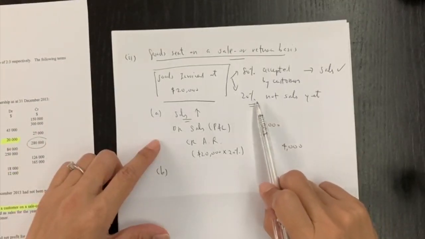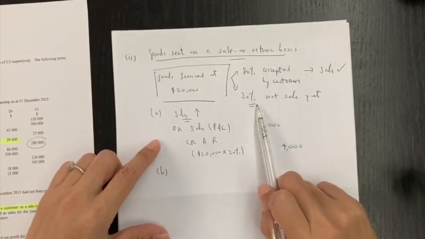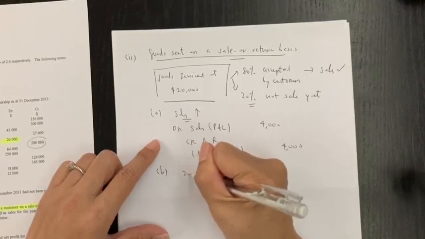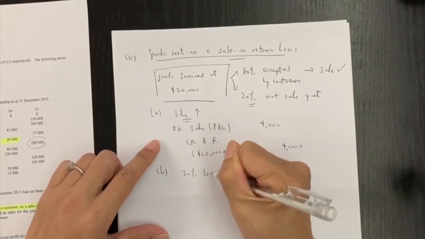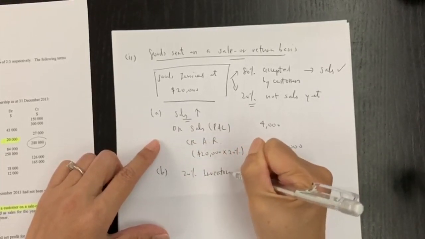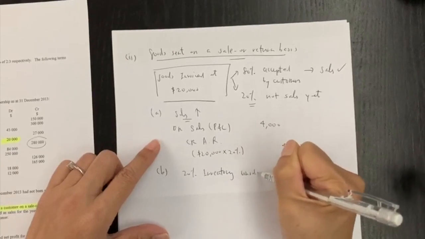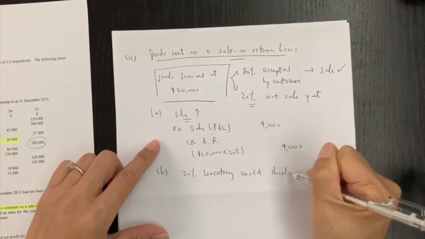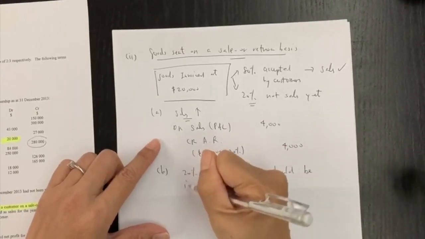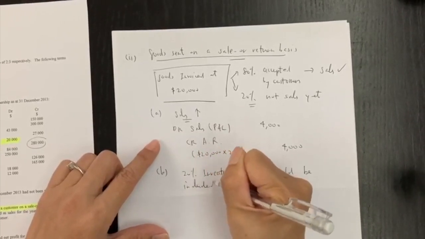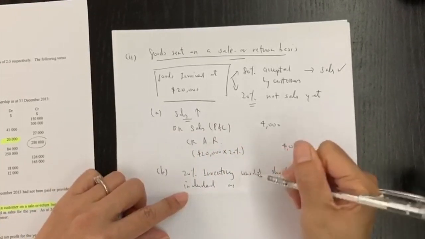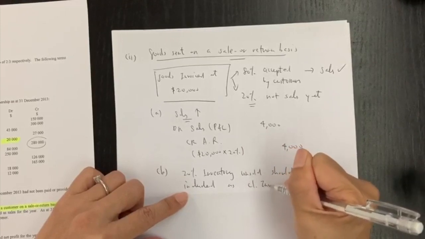Since this 20% is not included in our warehouse, we should include it. The 20% unsold inventory should be included or counted as closing inventory.